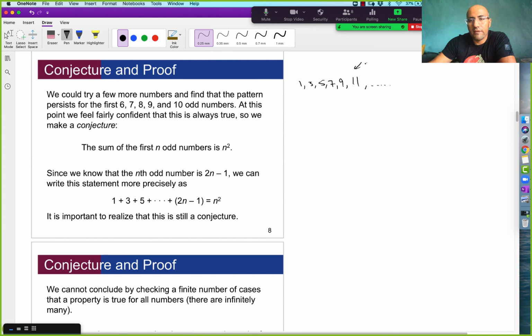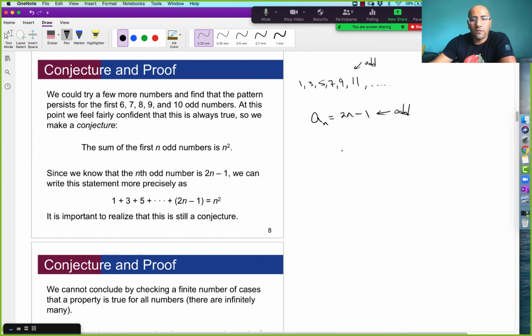These are the odd numbers. And a formula for the odd numbers is 2n minus 1. Notice that the first spot on the list would be 2 minus 1, which gives you a 1. The next one on my list, when n equals 2, would give you 4 minus 1, which is 3. Then the third one on my list would be 6 minus 1, which is 5. So this is a closed formula for the sequence of odd numbers.